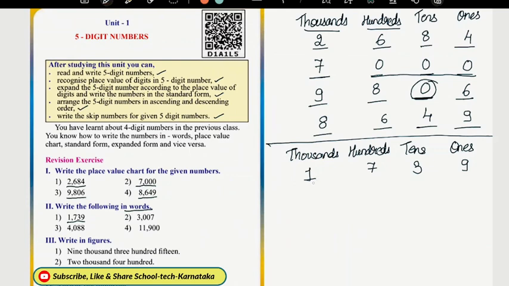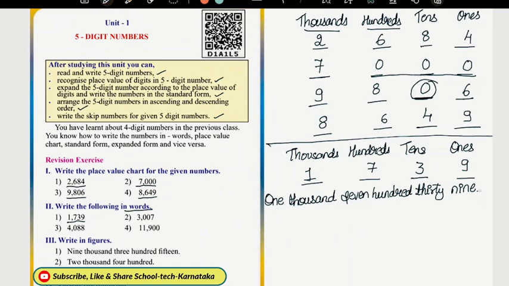So we read this number as 1739. So this number is written as 1739.